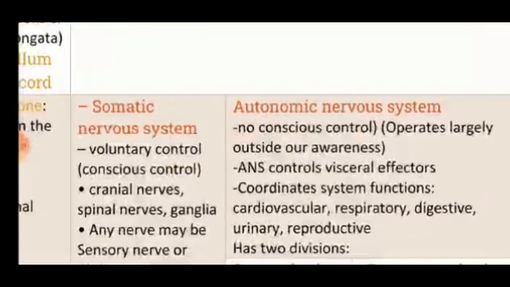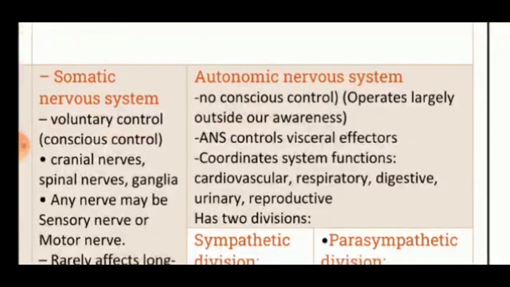The autonomic nervous system, of course, has no conscious control, as we said before, so it controls cardiovascular system, reproduction, digestion, respiration, urinary. Any of these things are not voluntarily controlled, so the autonomic nervous system is responsible for these systems.